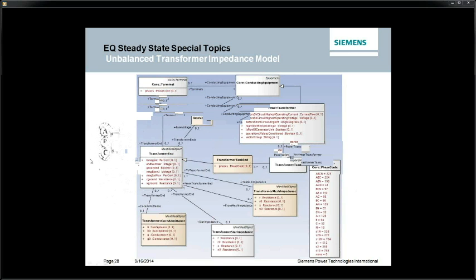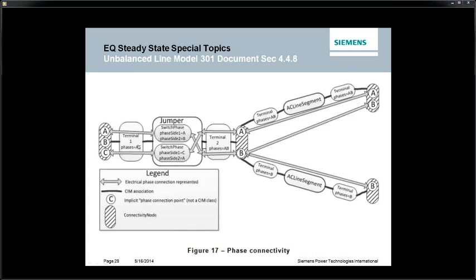These phases are actually specified on the terminal connecting to this connectivity node. But in this particular case, we have a terminal connected to a jumper. And on the terminal, you specify that you only have phases A and C connected. Here's where it gets a little bit strange in the way that distribution systems can be connected up.